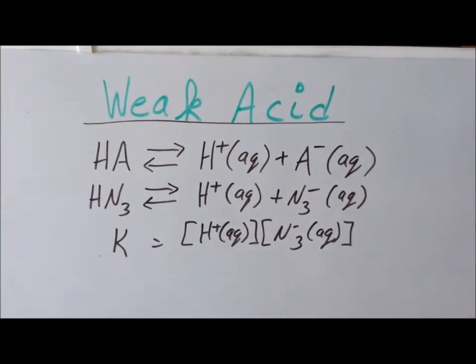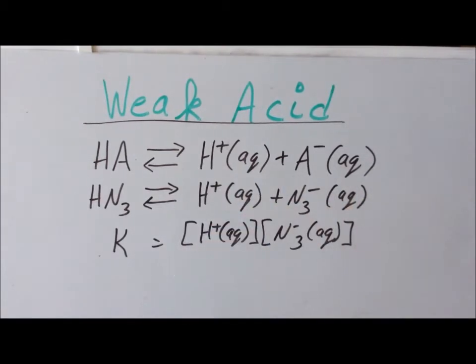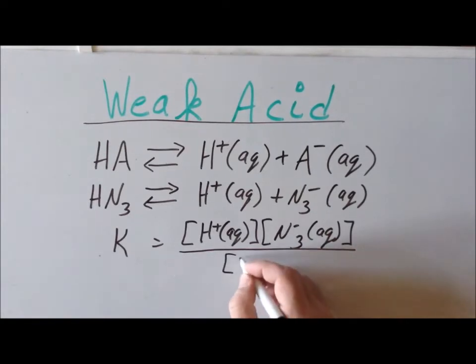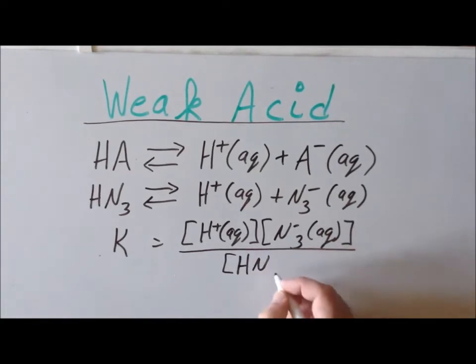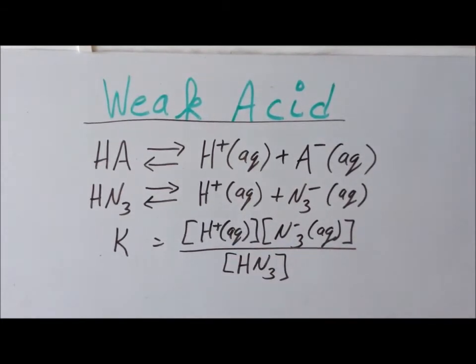We recall that anything that is a product, on the right side of the reaction, is going to be in the numerator of the equilibrium constant, and any of the reactants on the left-hand side will be in the denominator of the equilibrium constant, though there are some exceptions to that. So this is the overall equilibrium constant for the dissociation of hydrazoic acid in aqueous solution.